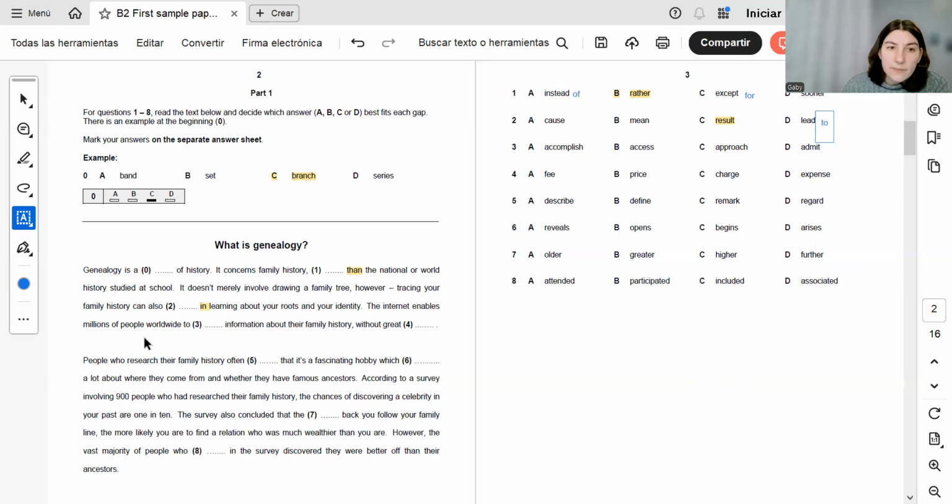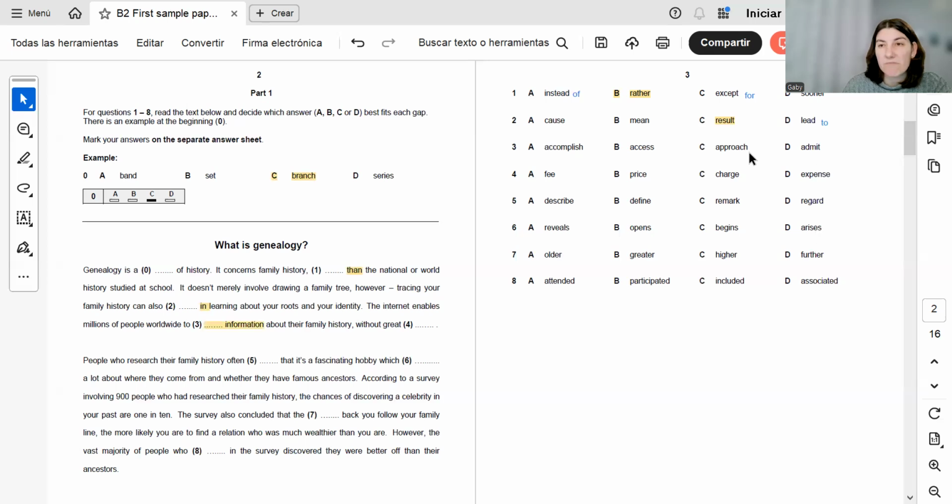The internet enables millions of people worldwide to information. Again, we're looking for something that combines with information. And we have some verbs. Accomplish information, doesn't sound right. Access information, sounds okay.